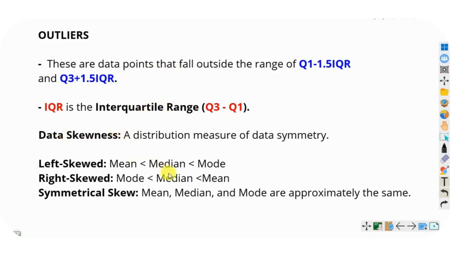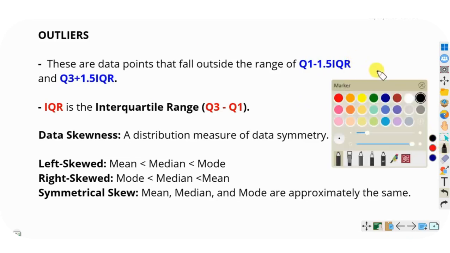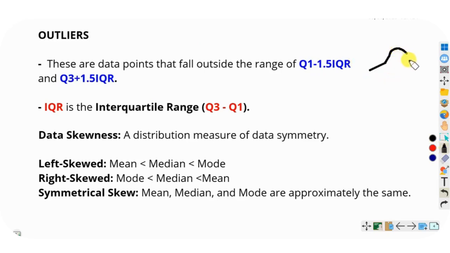Okay, so when you're working with data, we often speak of the skewness. When we say the skewness of this data, we talk about the distribution measure of the symmetry. If I plot the data and it looks like this, I will say, okay, this is symmetrical about that point.